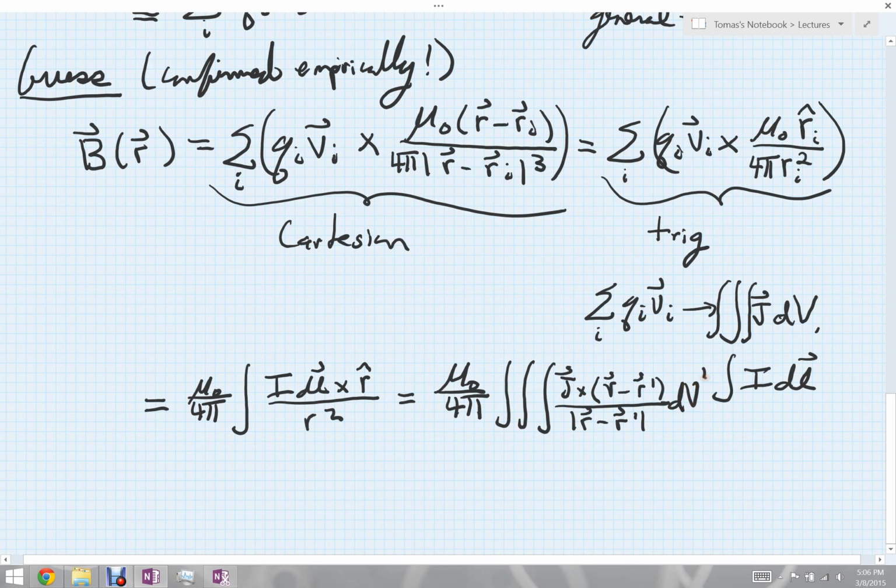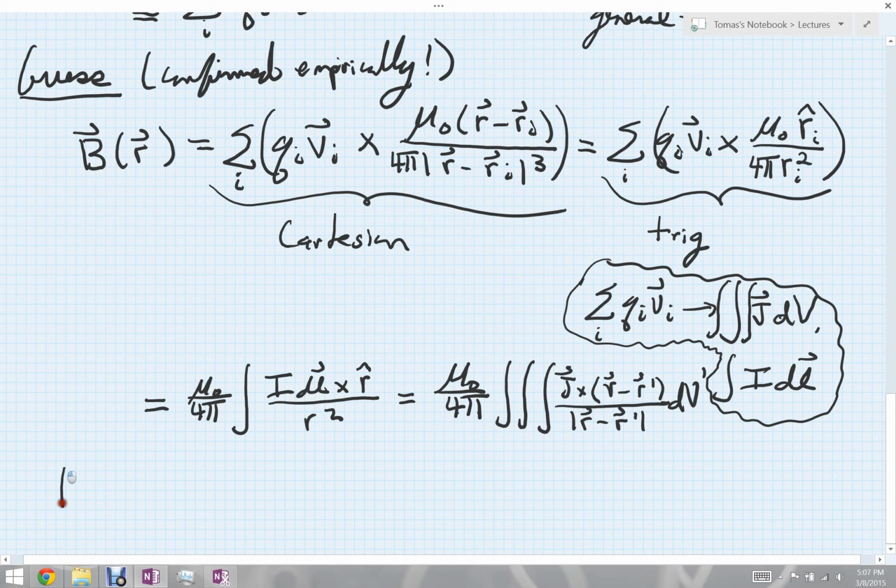dV prime. So let me just remember this here was my little bubble thinking about how to turn these into continuous integrals. And then this is my final result for the JV form, or in this case for the I dl form.